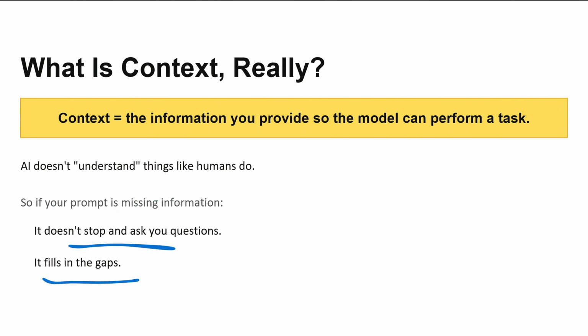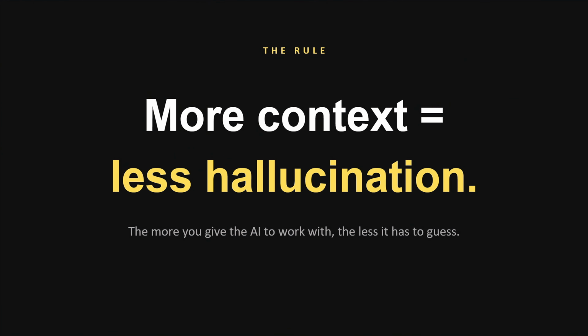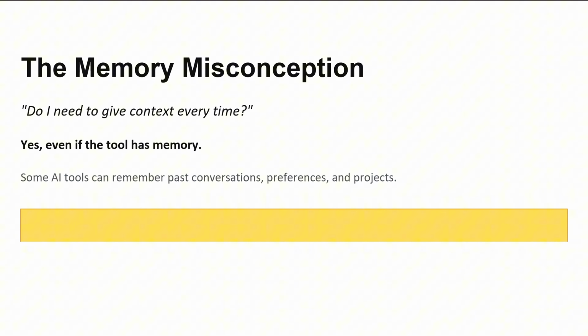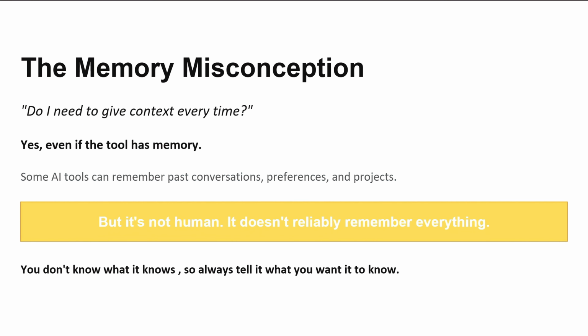You start getting answers that feel off or completely wrong, not because the AI is bad, but because it didn't have enough to work with. This is the downside of LLMs. They are eager to please you. They want to give you an answer, and rarely will they give you nothing. So the rule is simple. More context, less hallucinations.